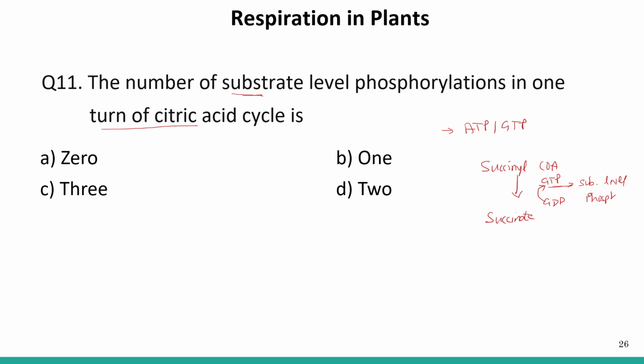And what is substrate level phosphorylation? Formation of ATP or GTP by the transfer of the phosphate group from a high energy compound to ADP or GDP.